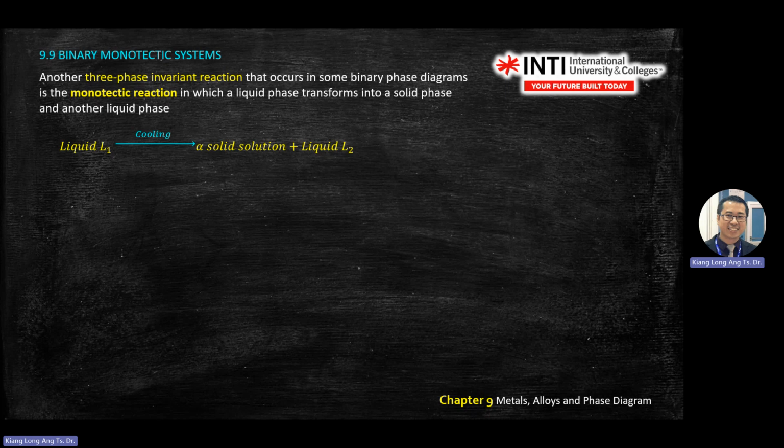Mono: liquid 1, you cool down at one temperature, you'll get liquid 2 plus alpha. Liquid number 2 means a different liquid already. Okay, this is called monotectic. Mono means you start from one liquid or one state. In this case, liquid becomes liquid plus alpha.